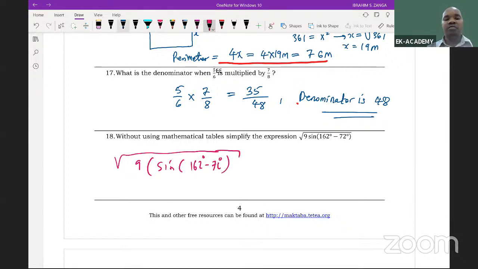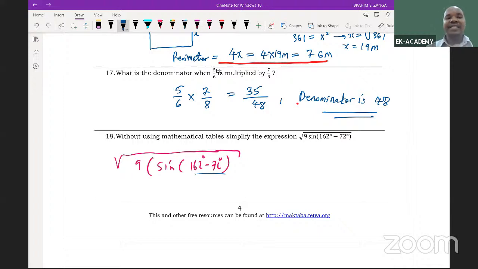So we have to find the difference there. 162 minus 72 is 90. When you take 162 minus 72, 12 minus 7 is 5, and 16 minus 7 is 9, so it is 90. So actually this is now square root of 9 sine 90.